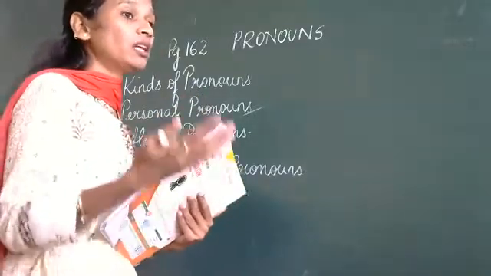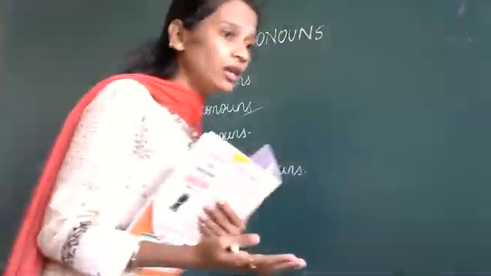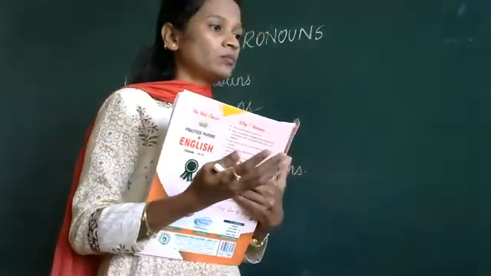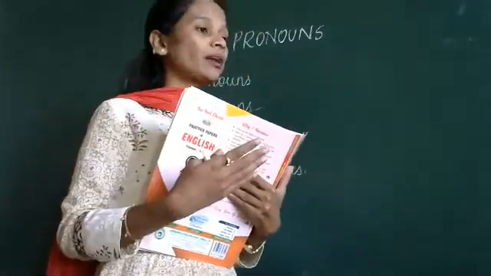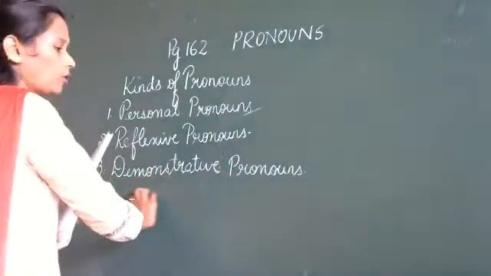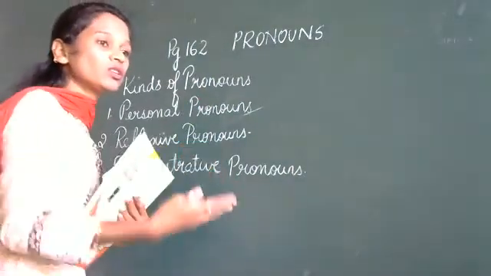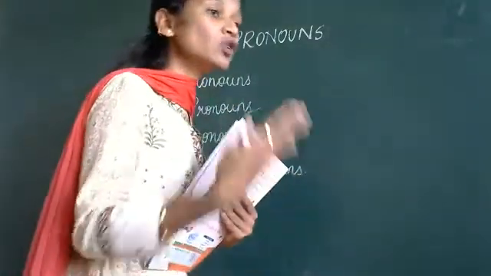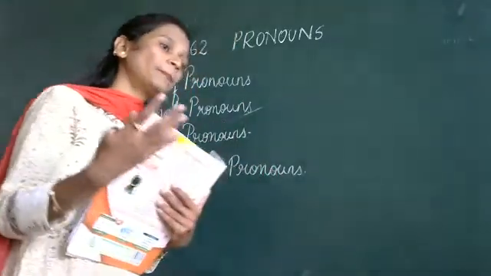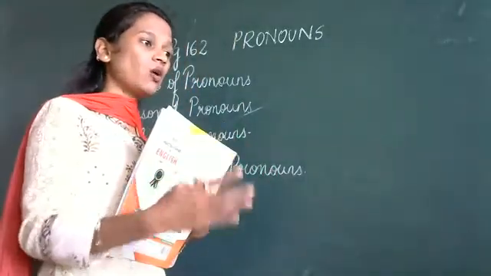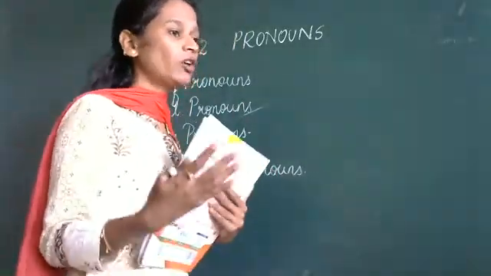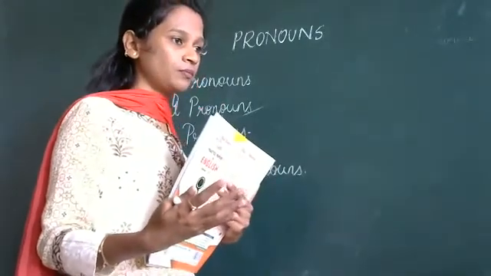This is my bottle. This is my doll. And those books are mine. So demonstrative pronouns are very easy, which are used to point out some things. So such things are called demonstrative pronouns. Clear?